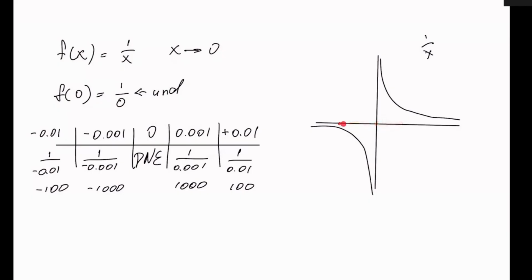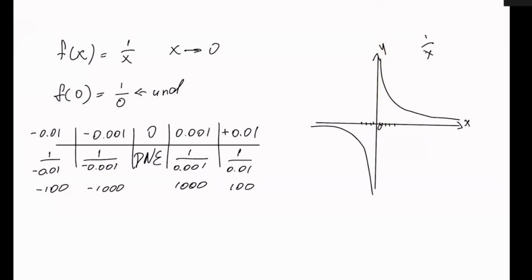This is my x-axis, this is my y-axis, and as I get closer and closer to 0, my y value is getting further and further to negative infinity. And on the right side, as I move closer and closer to 0, my y values become larger and larger in magnitude, going up to positive infinity.